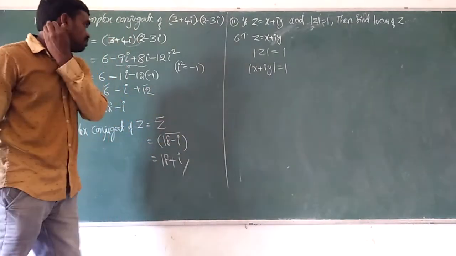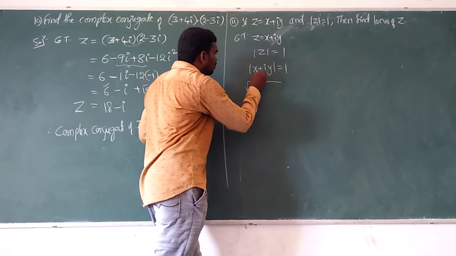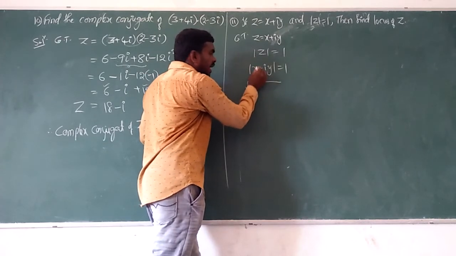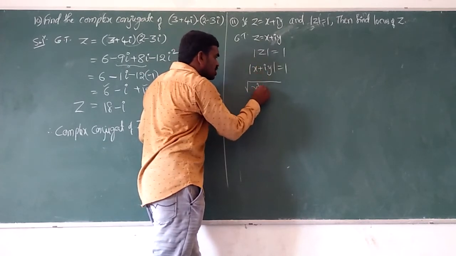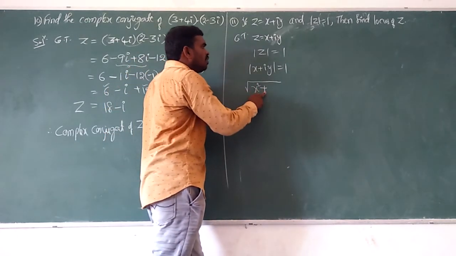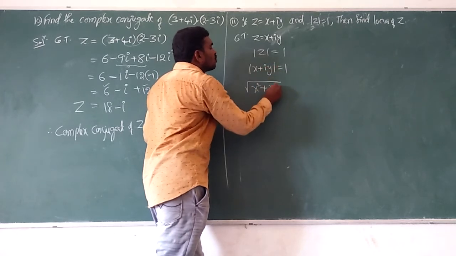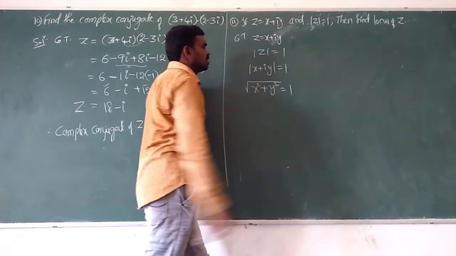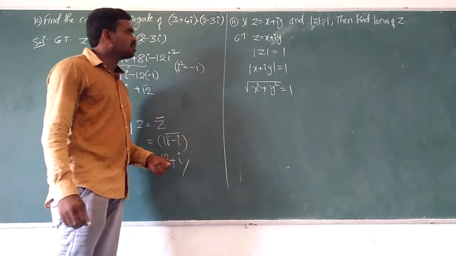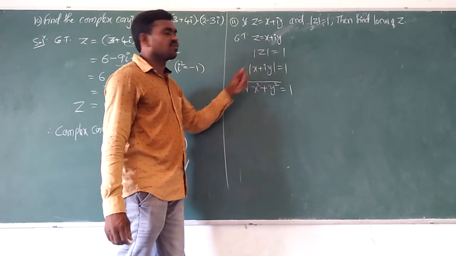So whenever modulus is there, the formula becomes root of real part, which is x squared, plus imaginary part, y, so y squared. That is simplifying the modulus information.